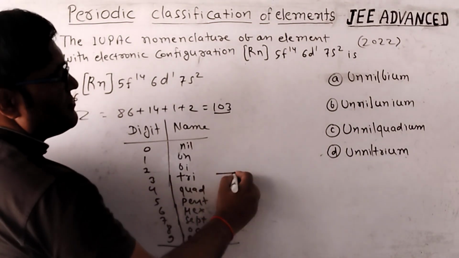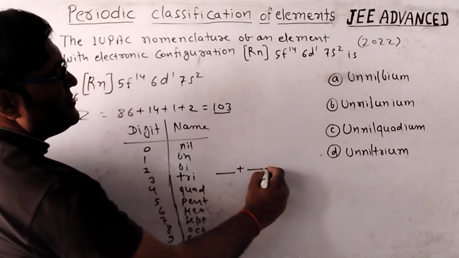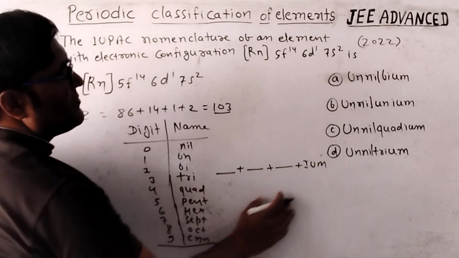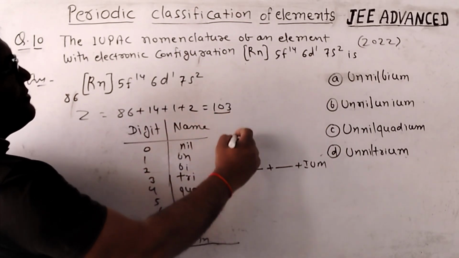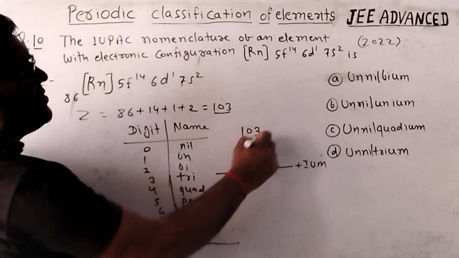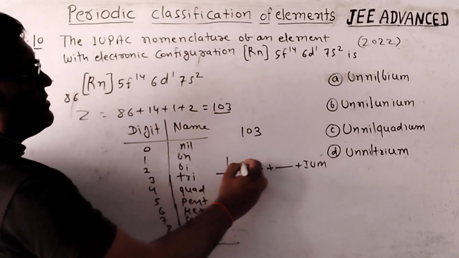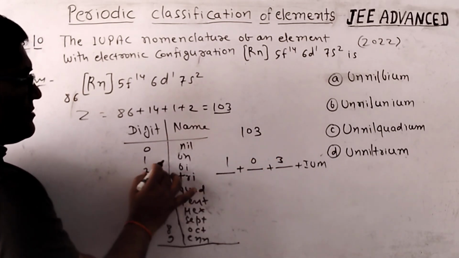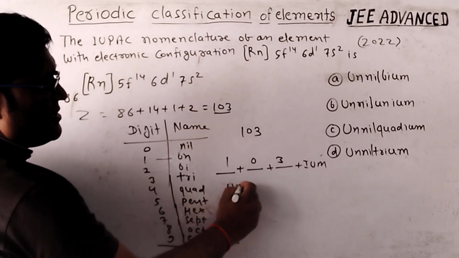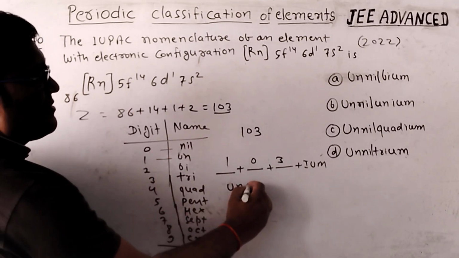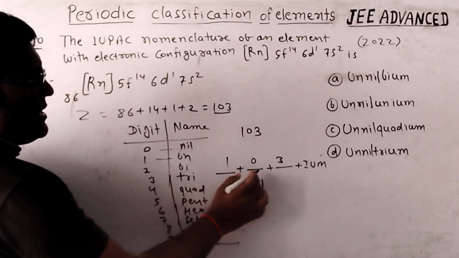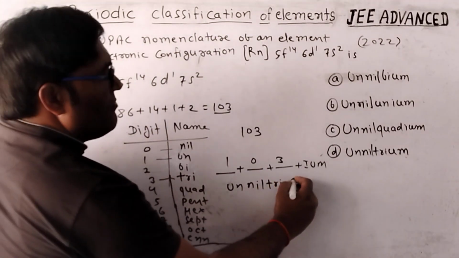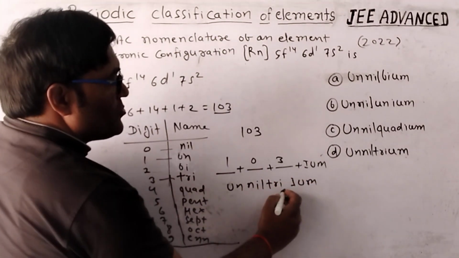The formula is first digit plus second digit plus third digit plus ium. For atomic number 103, 1 means un, 0 means nil, and 3 means tri, and then ium.